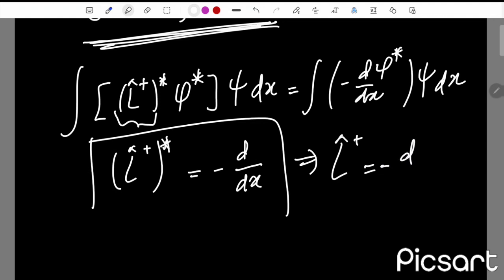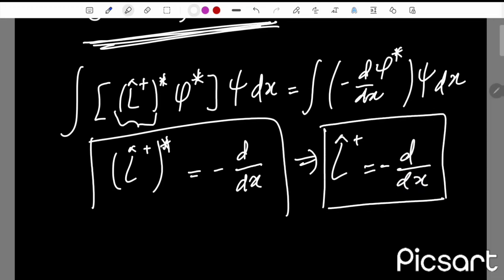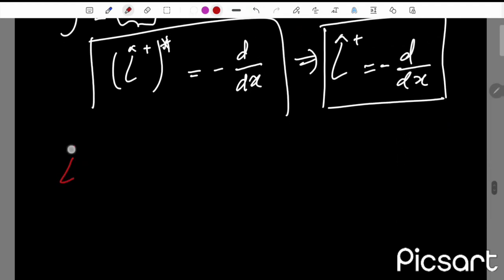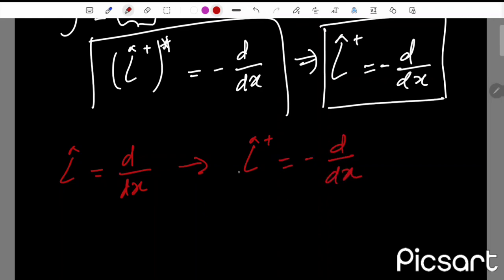And we have here L dagger is equal to d over d of x. And now we have arrived that if L is equal to d over d of x, then its conjugate operator is equal to minus d over d of x.